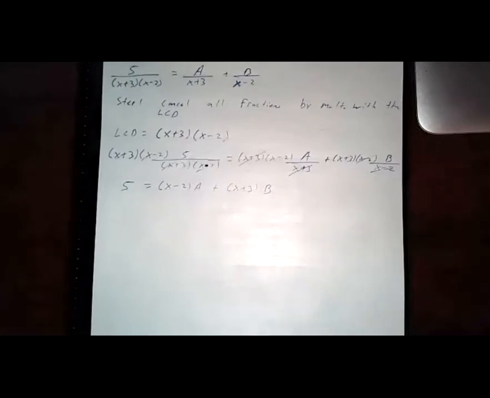So no more fractions. So that's the whole goal. You just take the LCD again and multiply it on every single fraction. And don't actually multiply anything out, just cancel the common terms. That's all you got to do. Okay. You guys have any questions on that first step? Step 1.